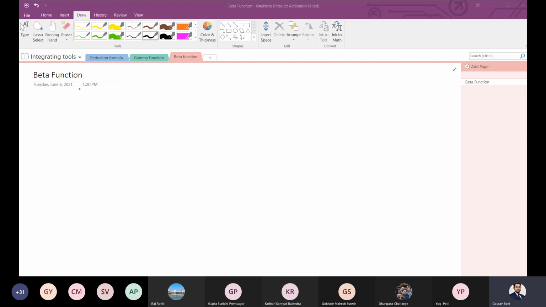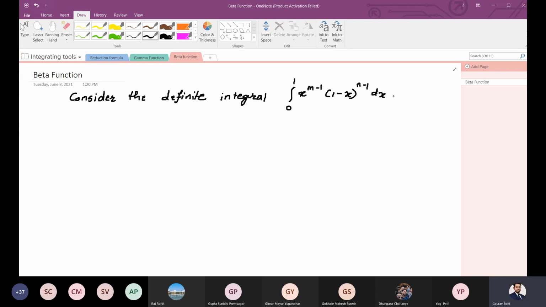Consider the definite integral, integration 0 to 1 x raised to m minus 1, 1 minus x raised to n minus 1 dx, where m comma n both are greater than 0.